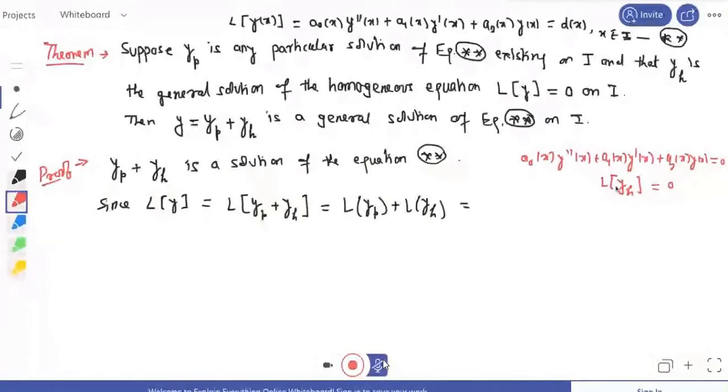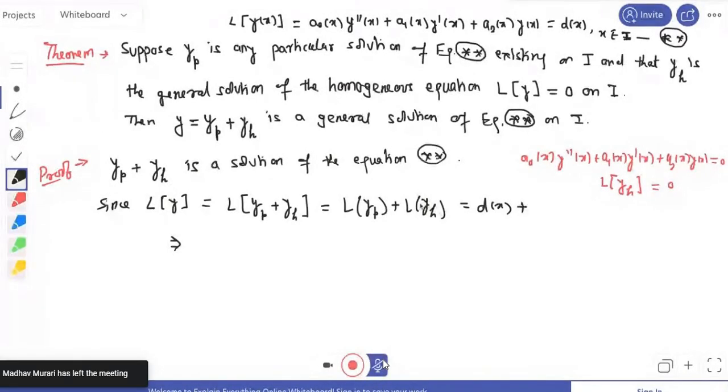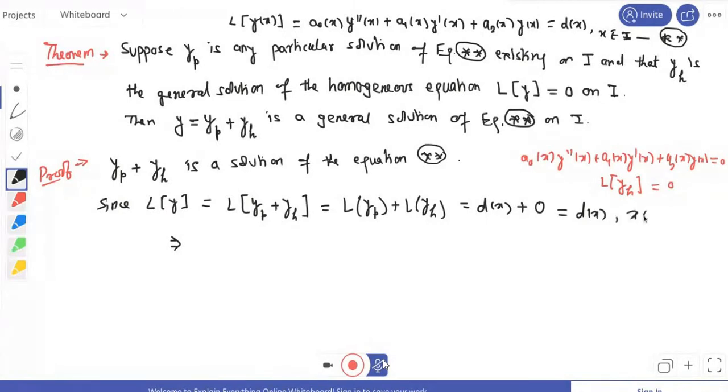Okay, and what is the value of L of yp here? L of y equals L of yp plus L of yh, so it equals dx plus 0, because L of yh is 0. So this equals dx, where x belongs to I.